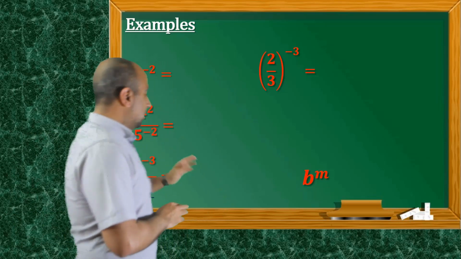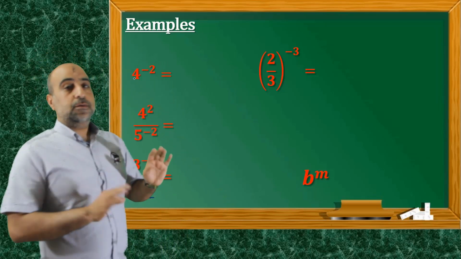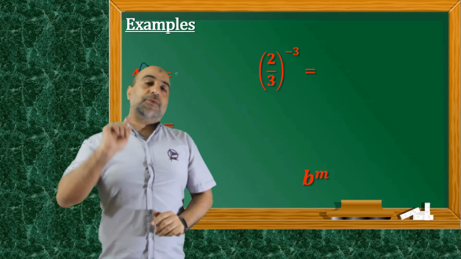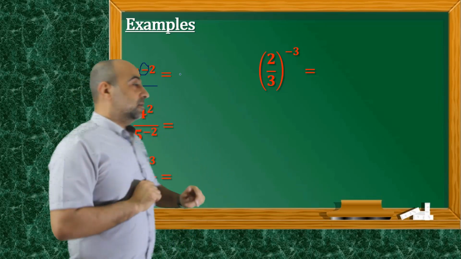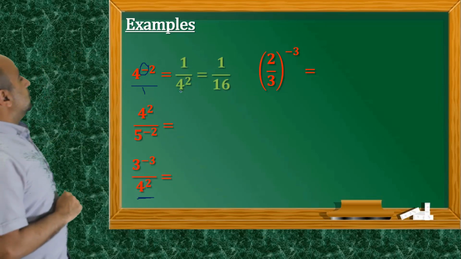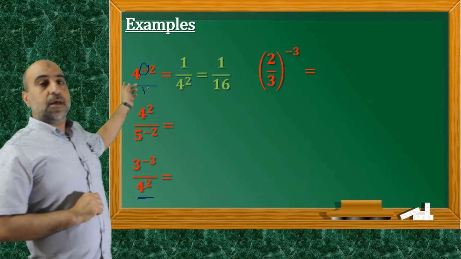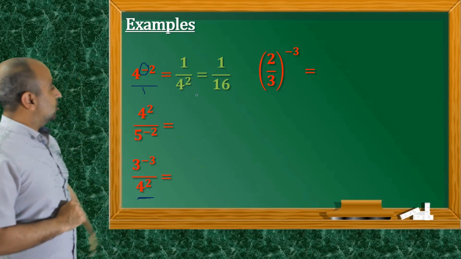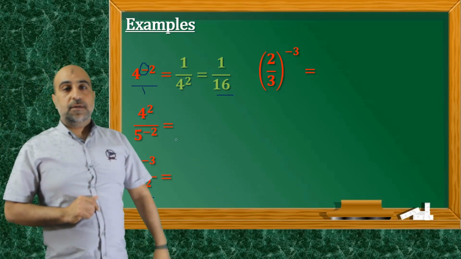Now, 4 to the power of negative 2, the power is negative. Then I will put the reciprocal to get rid of the negative sign. Then it will be 1 over 4, which is 4 over 1 flipped. Then it will be 1 over 4 to the power of 2, which is 1 over 16.